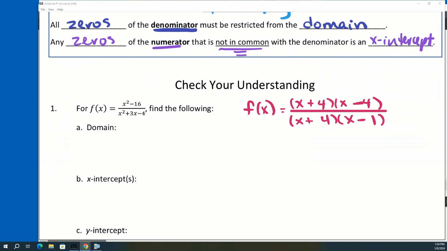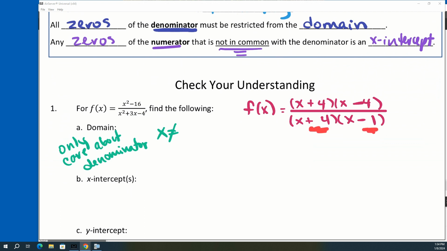All right. So when I'm finding the domain, I only care about the denominator. And your domain is going to be x does not equal. And then you basically just do the opposite.